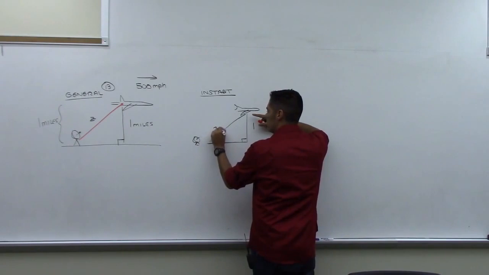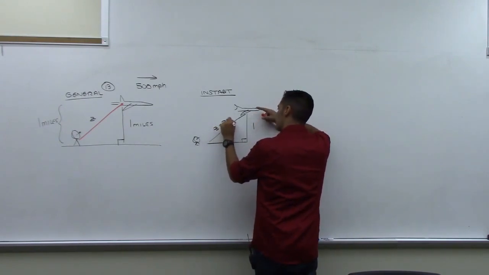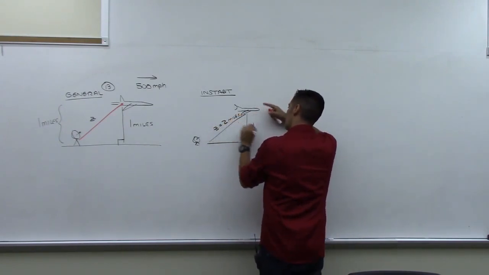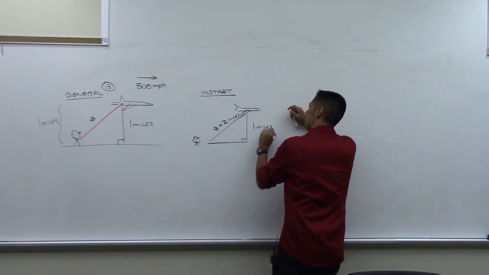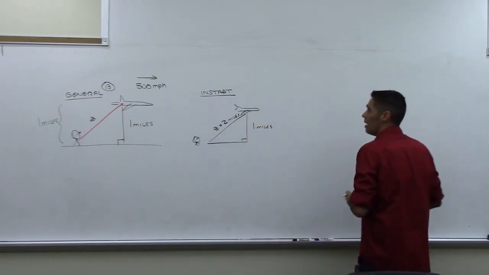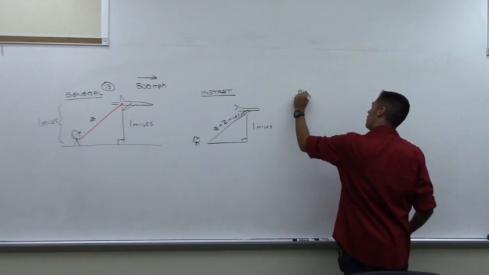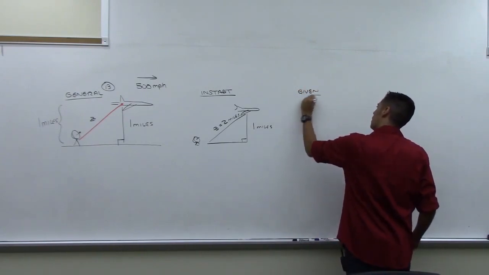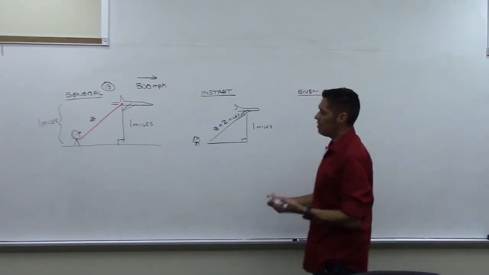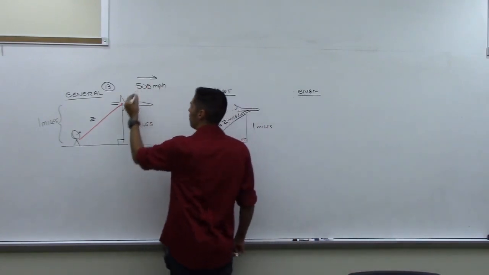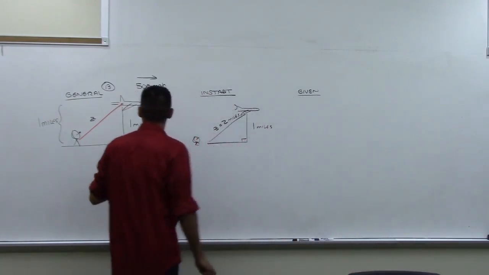So when Z is 2 miles, that's our instant in time. And what we're given is really the only rate that we're given is this 500 miles per hour. So we need to somehow relate that to the plane.